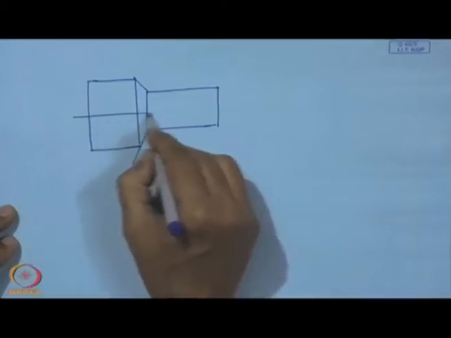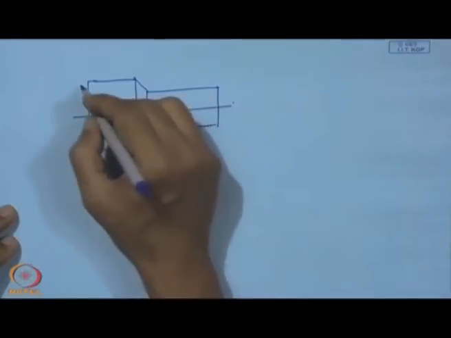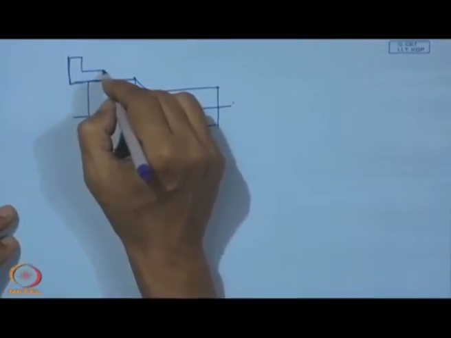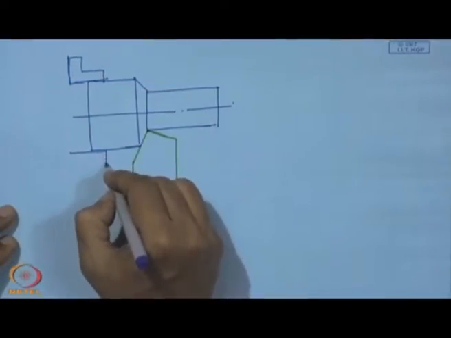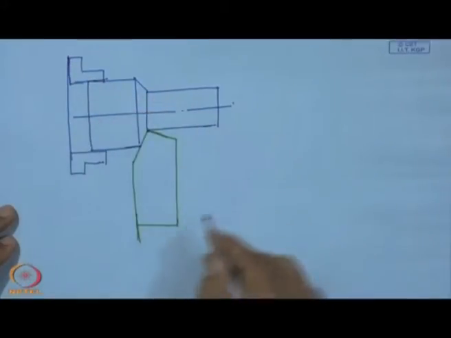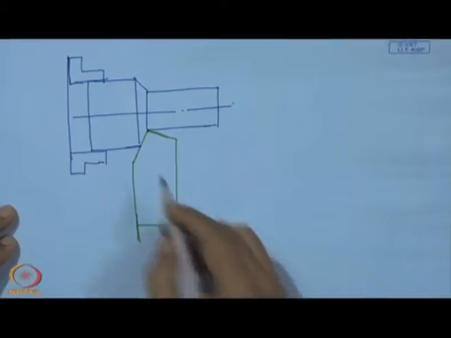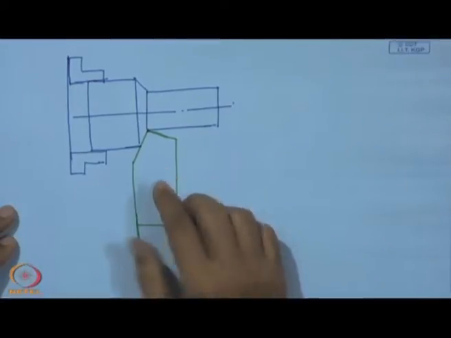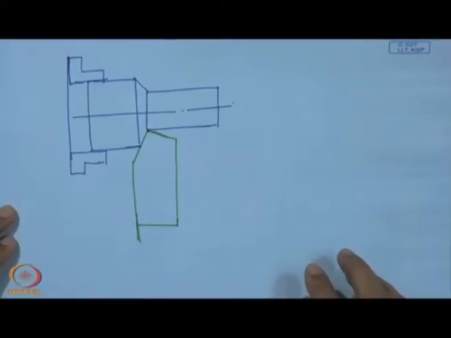This is the workpiece, and this is the job holding device. This is the cutting tool. Now, this cutting tool can be engaged for collecting the chip and measuring the value of chip thickness, and at the same time it can also be used for measurement of the force.